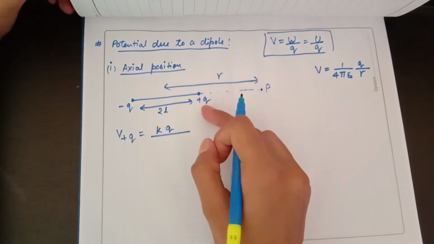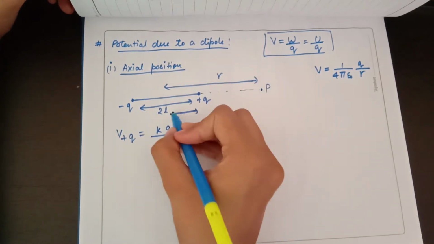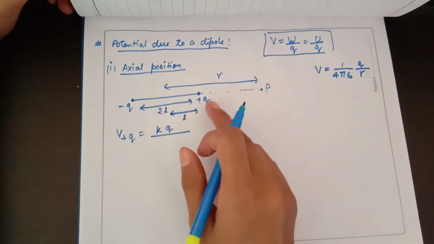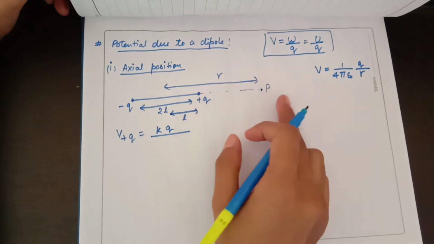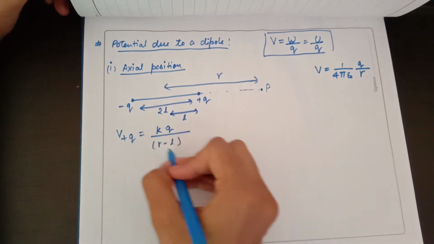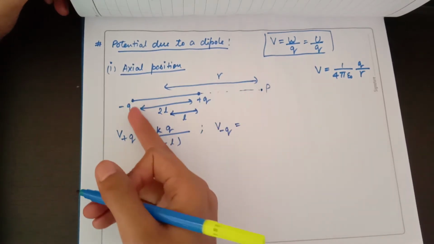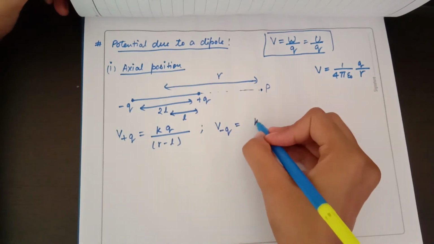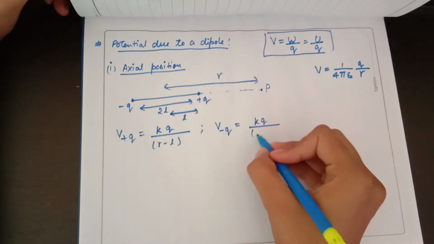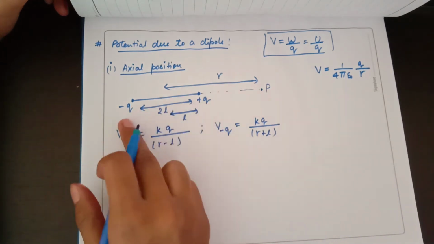The distance between plus Q and the point P. It is R minus L. As you know, if I calculate this distance, this will be half of 2L, which gives me L. So the distance between Q and P will be R minus L. So I write R minus L here, and potential at minus Q, potential at this point, will be equal to KQ divided by R plus L. This is the magnitude of the different potentials.